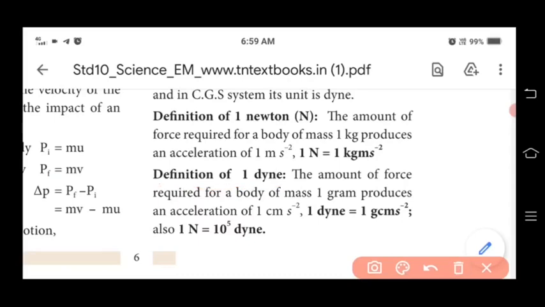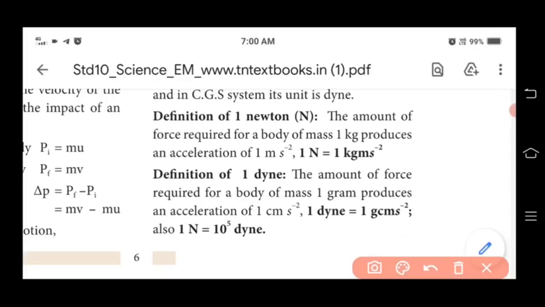The amount of force required for a body of mass 1 gram, very important, 1 gram, to produce an acceleration of 1 centimeter per second square is known as one dyne. So here one dyne equal to 1 gram centimeter per second square.